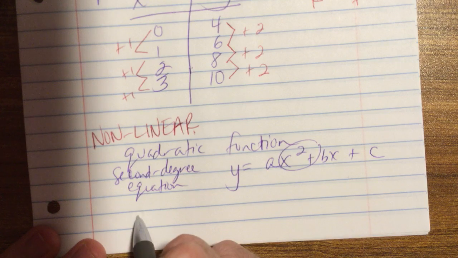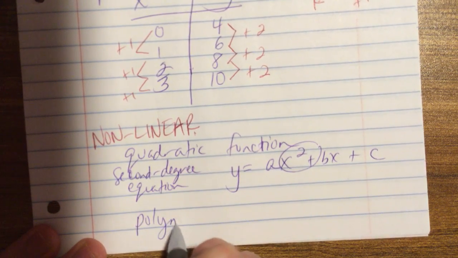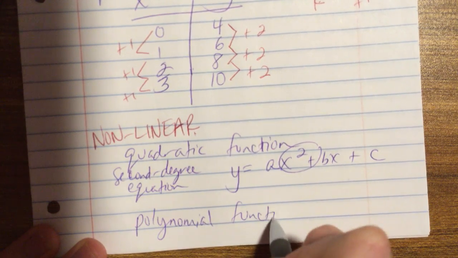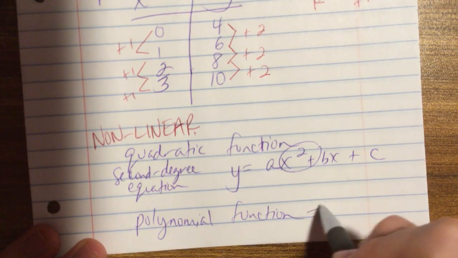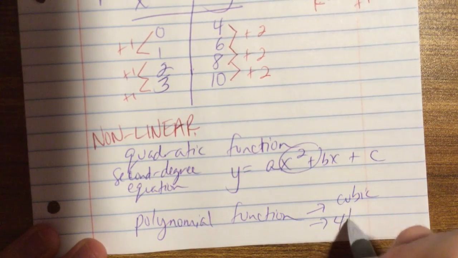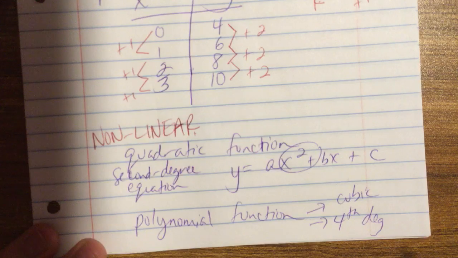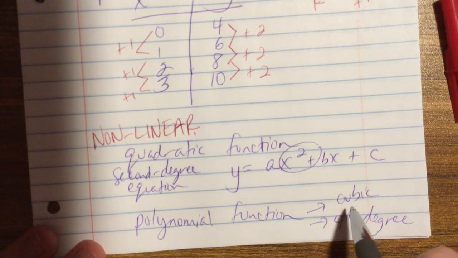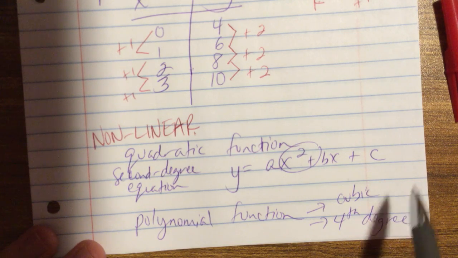And then we have also been introduced to the idea of a polynomial function, in which you might have a cubic function, or you might have a fourth degree function. A cubic function would have the highest exponent be x cubed, and if we have the highest degree of 4, that would be x to the fourth power.